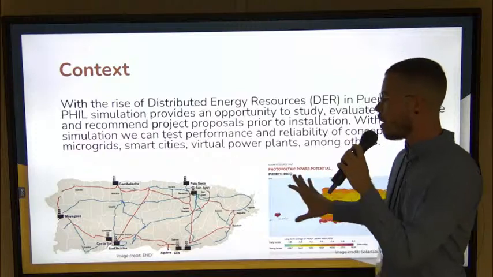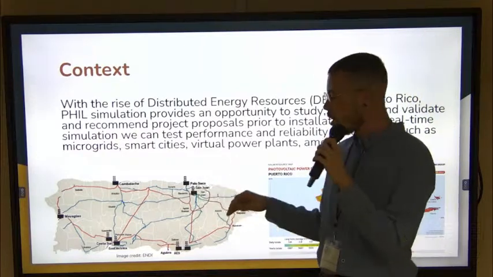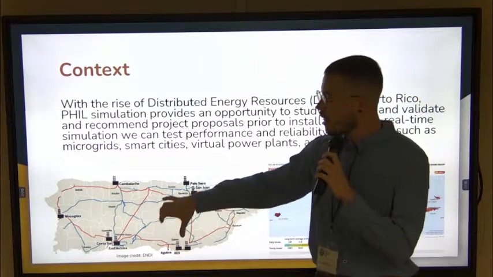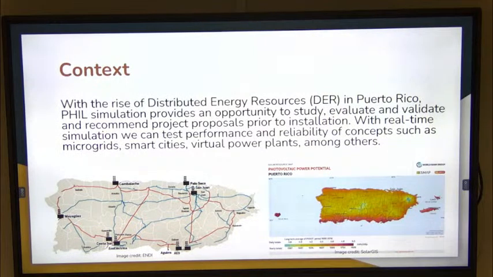These are the connections of the actual power generation plants. The red lines are the 230 kV lines, and the blue lines are the 115 kV lines. With power hardware-in-the-loop simulations, we could literally simulate an entire microgrid for Puerto Rico as an example, but we could also do simulations for microgrids in each municipality.